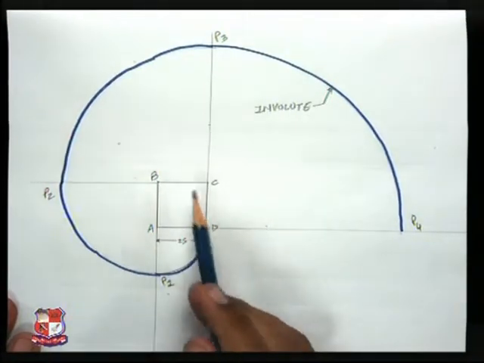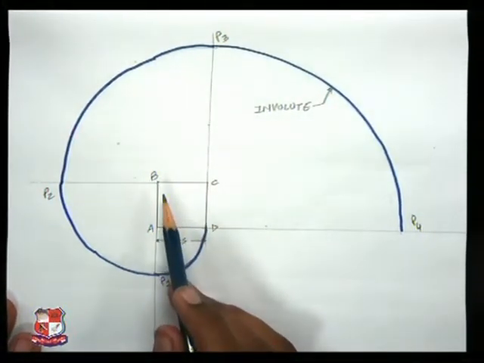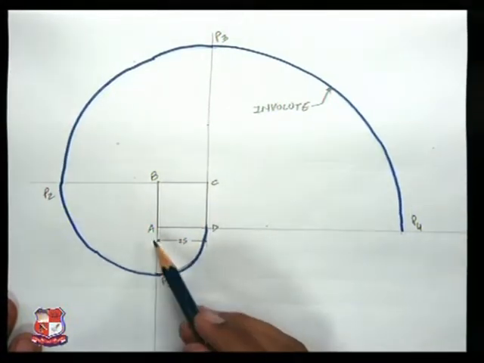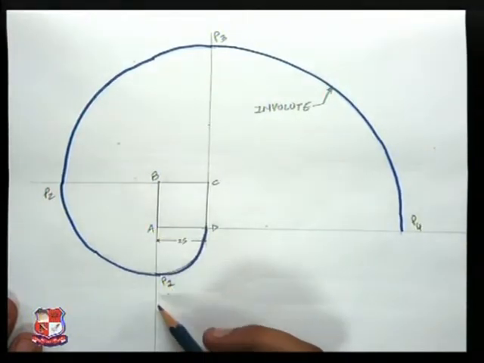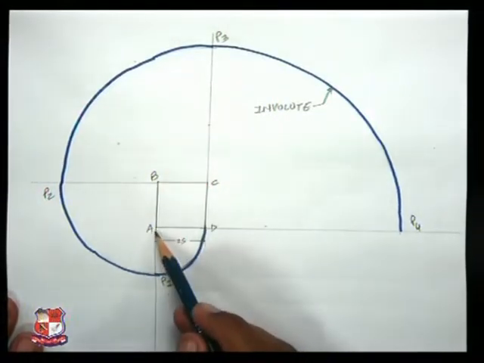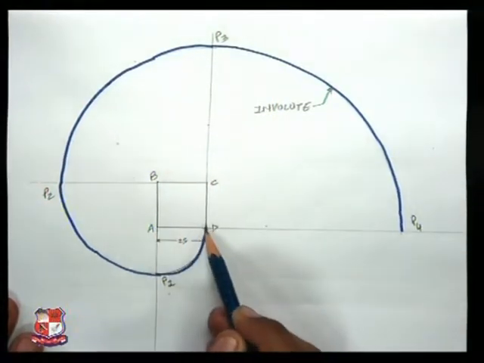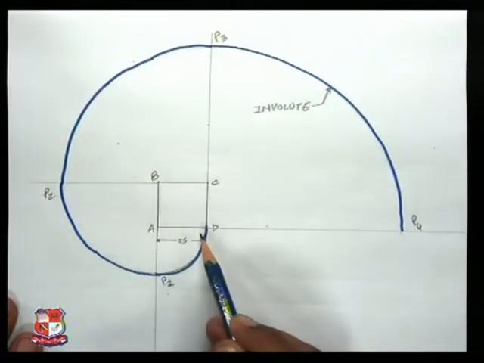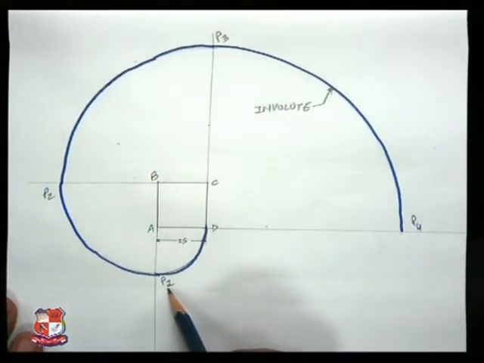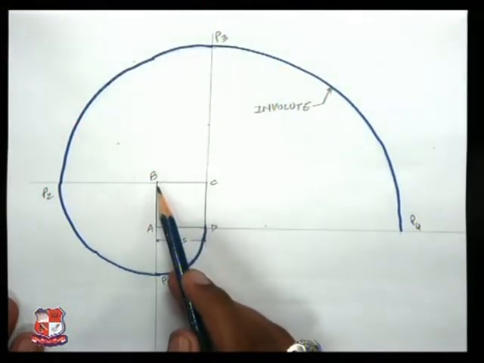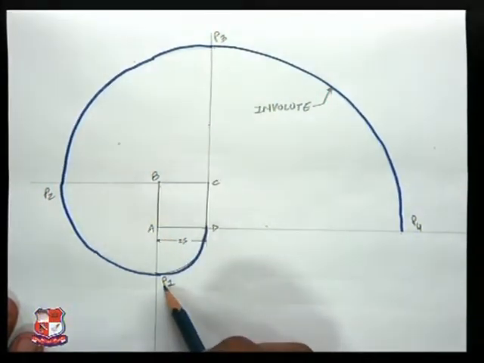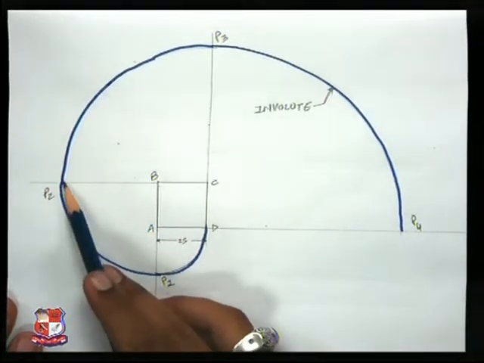Let's repeat the procedure. First of all, draw a square of 25 mm each side. Now extend the sides and take A as center, AD as radius, mark an arc. You will get the point P1. Take B as center, P1 as radius, and draw an arc.